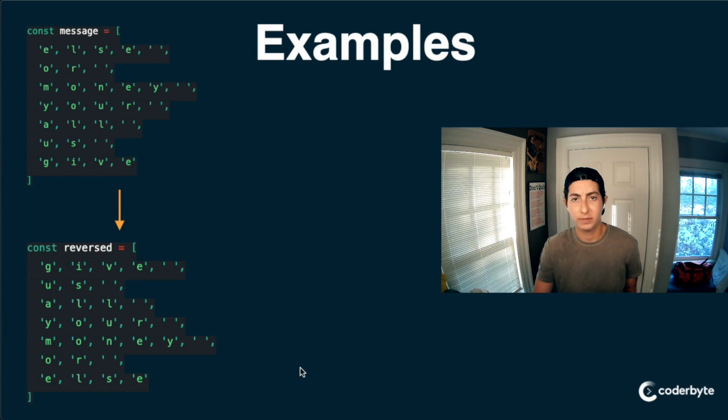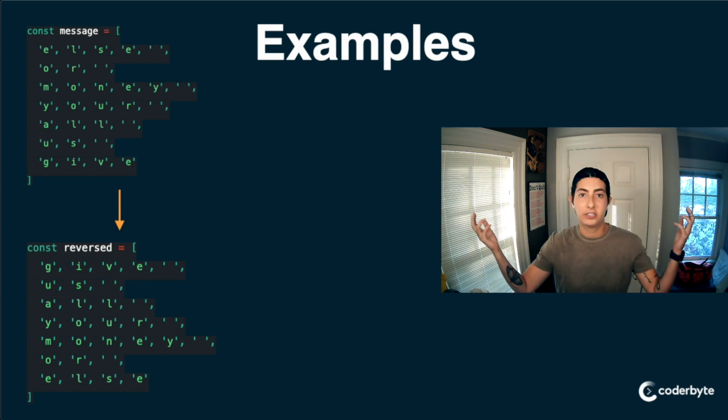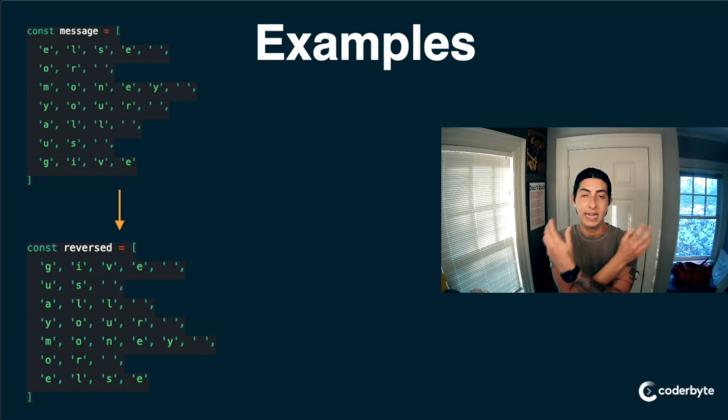Okay, so let's talk about some approaches that we could possibly take here. Generally, to change the ordering of something in place or reverse something, you're going to want to be swapping things. You're not going to be taking something off of the array and putting it in, or making a copy of it or creating a new array. You want to take one thing and another thing and actually switch them in place.